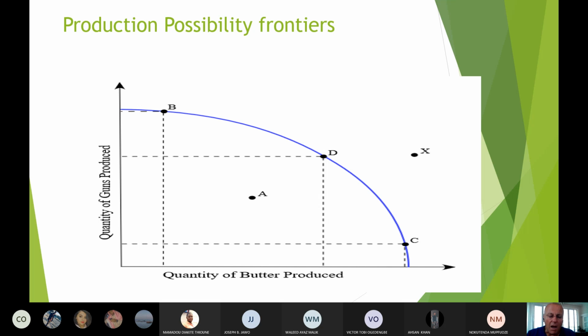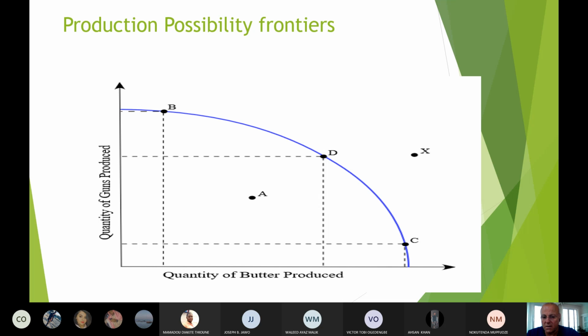As you are seeing here, point A is a production where we have the capacity to enlarge and increase towards this curve, the production possibility frontier. And X is the excessive part which we are not achieving.